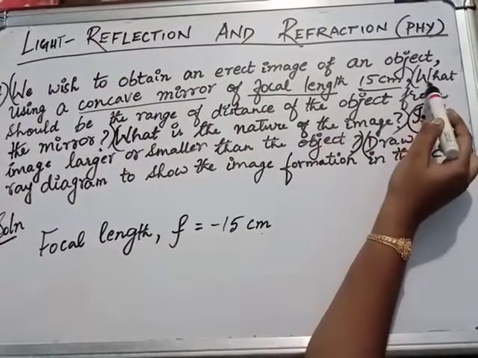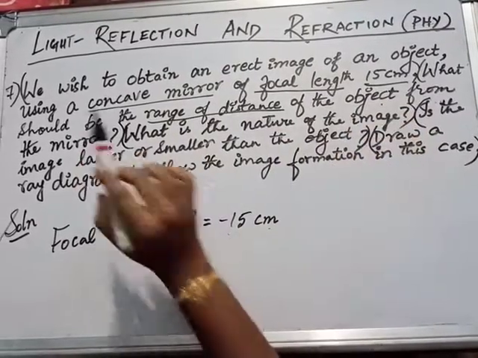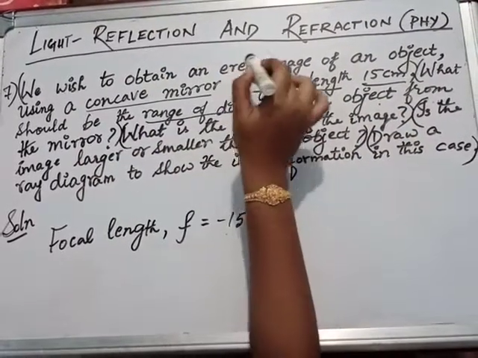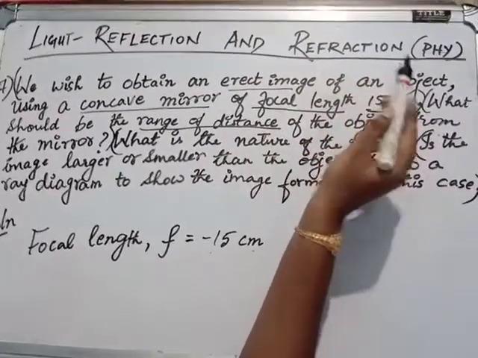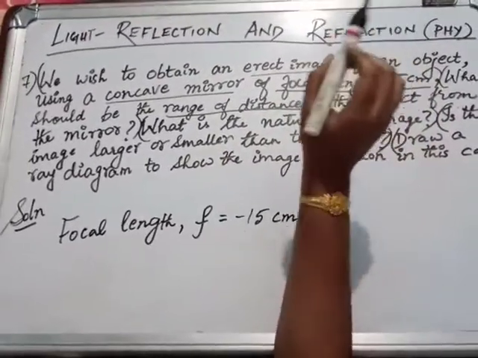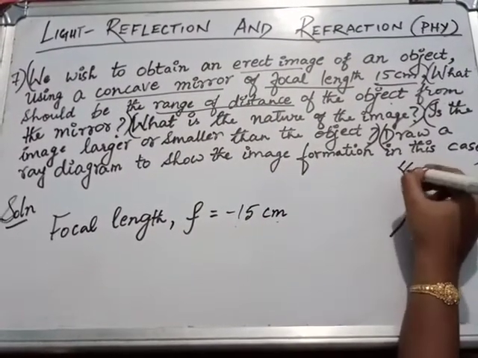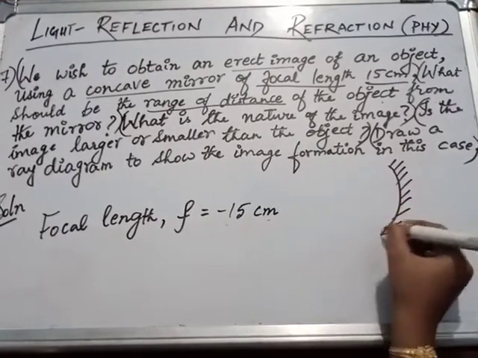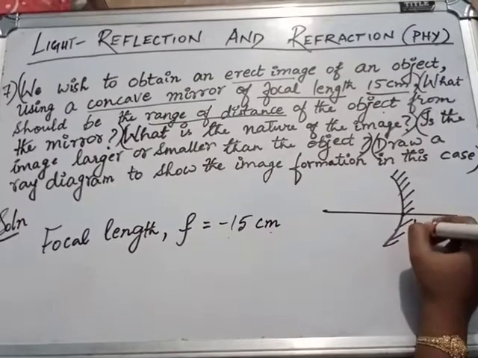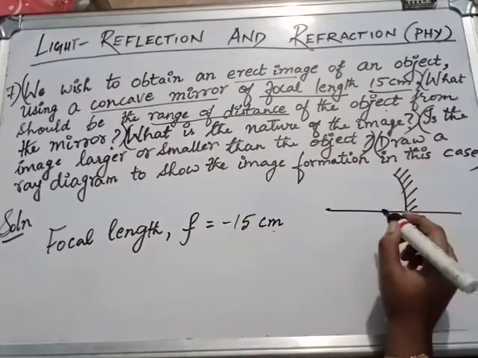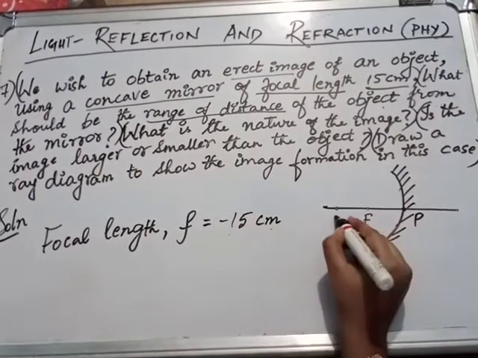The first question is, what should be the range of distance of the object from the mirror to obtain an erect image? In the sense, a virtual and erect image. Recall the ray diagrams. In the last ray diagram, you would remember this is the concave mirror we studied. This was the principal axis. Let me just draw a rough diagram. This is the pole of the mirror, the principal focus, and this was the center of curvature.